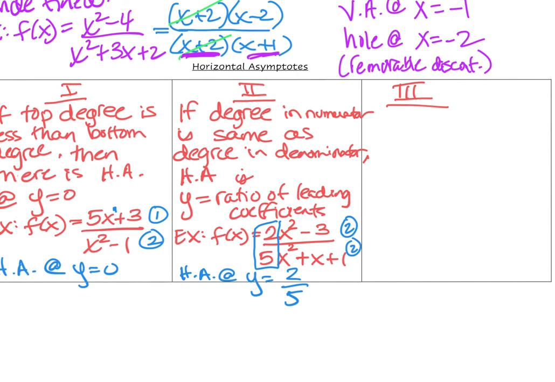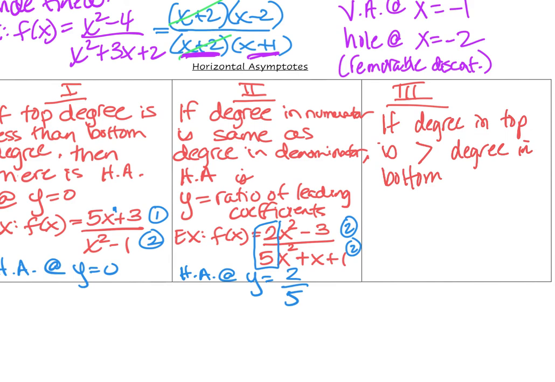So the third scenario, we talked about if the degree on the top is smaller, if they're the same, and let's do this last one. If the degree in the top, getting lazy again, is greater than the degree in the bottom.